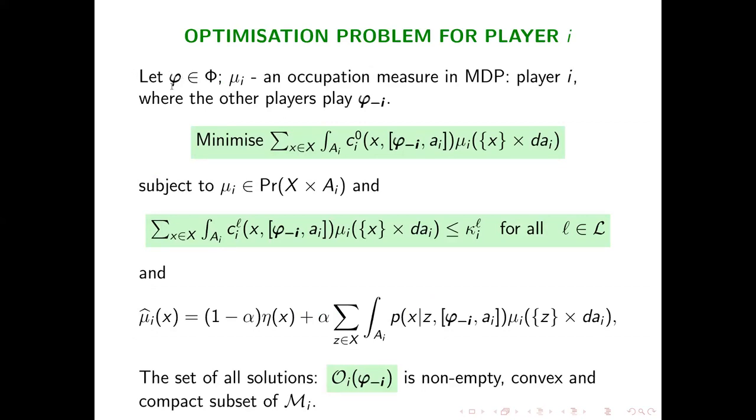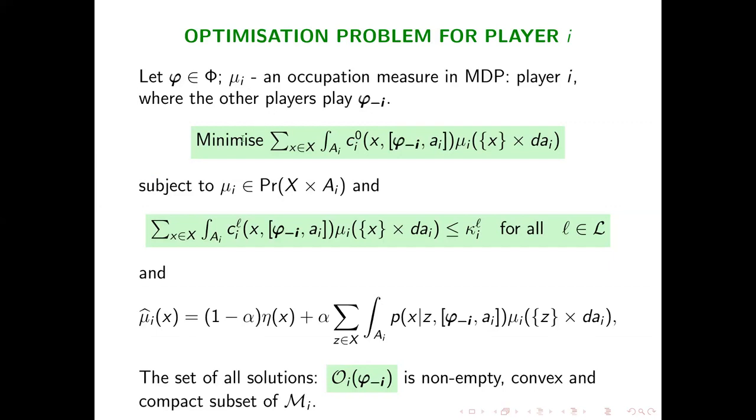So if phi is a profile of stationary strategies, and mu I is an occupation measure in such an MDP, player I is a decision maker, and the other players play phi minus I. So that's the stationary strategies from the profile.